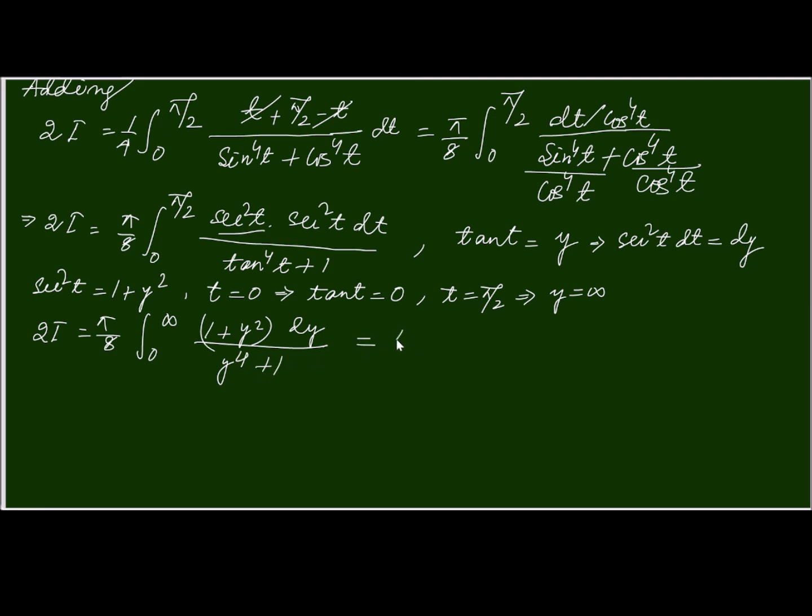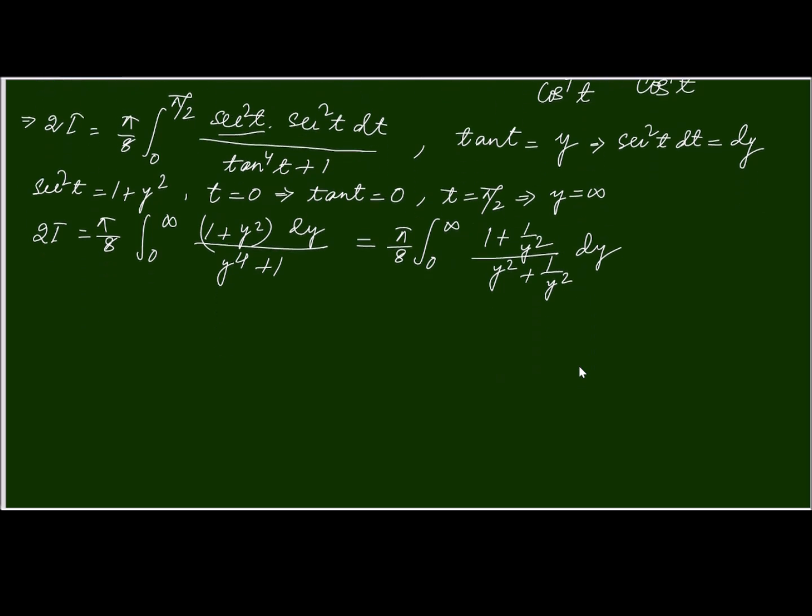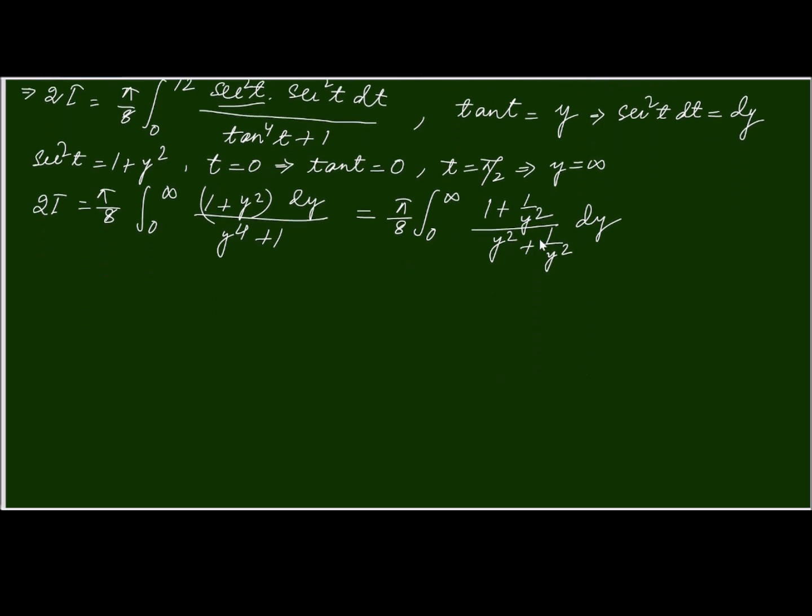Now dividing by y square, both the numerator and denominator, we get 1 plus 1 over y square, and the denominator will be y square plus 1 over y square, dy. The function is in the form of y in terms of y.